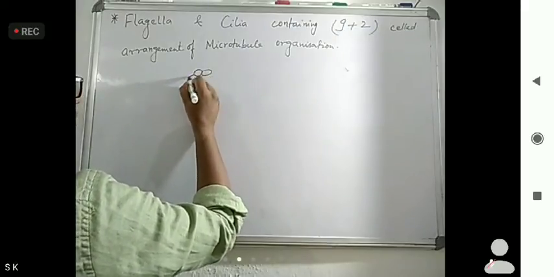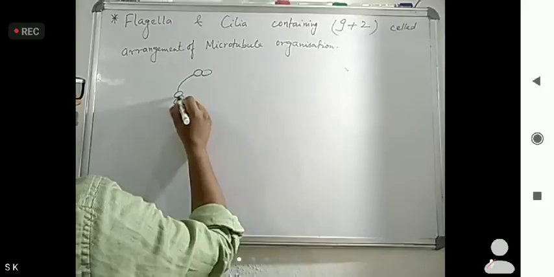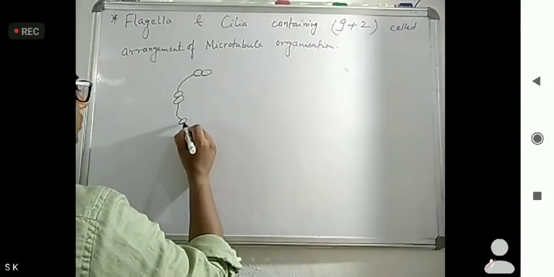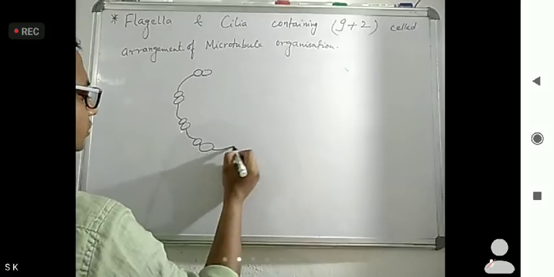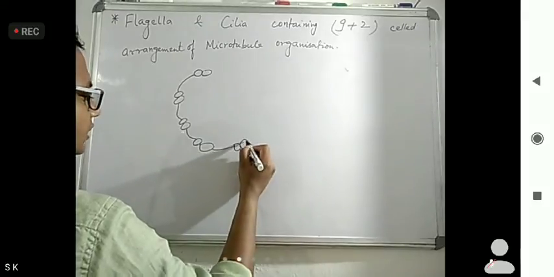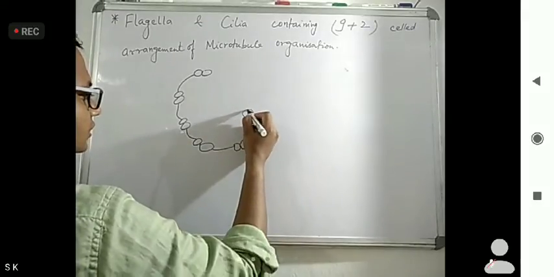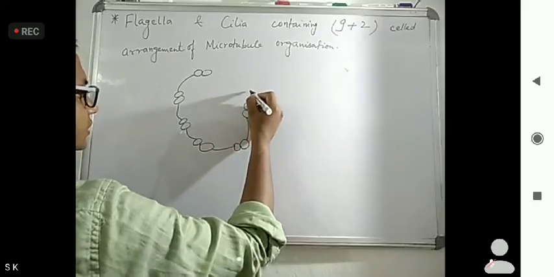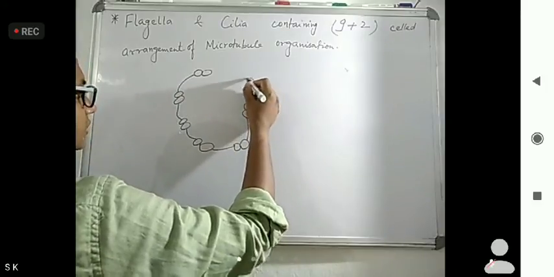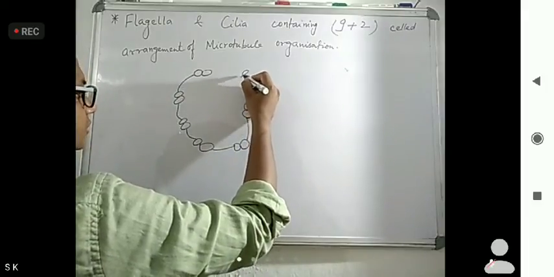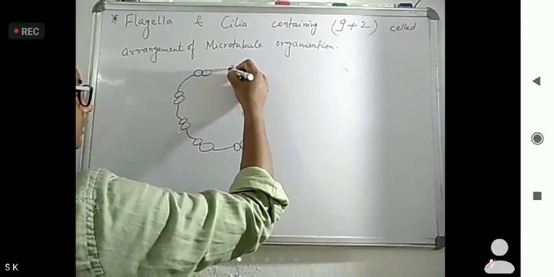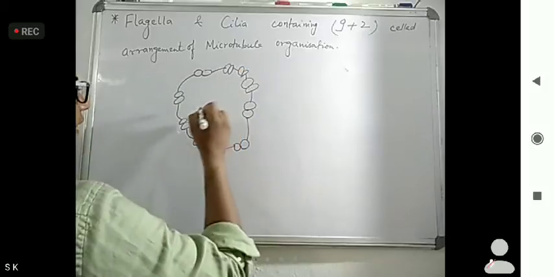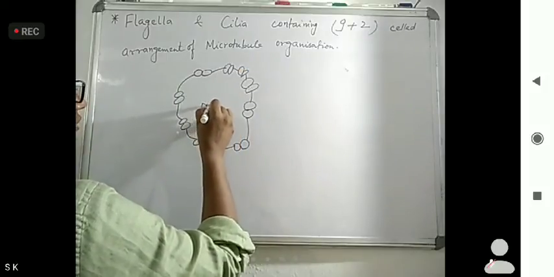Okay, now here what happens? 1, 2, 3, 4, 5, 6, 7, 8, this is 9, and centrally placed 2.